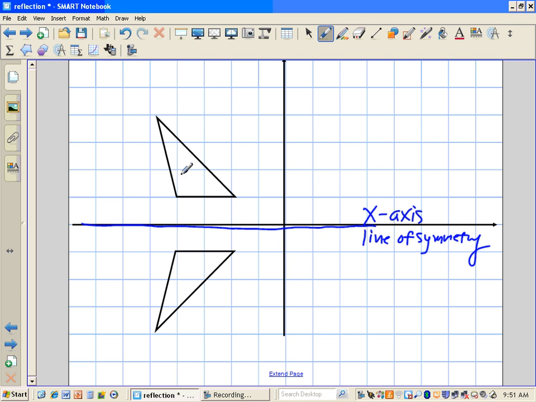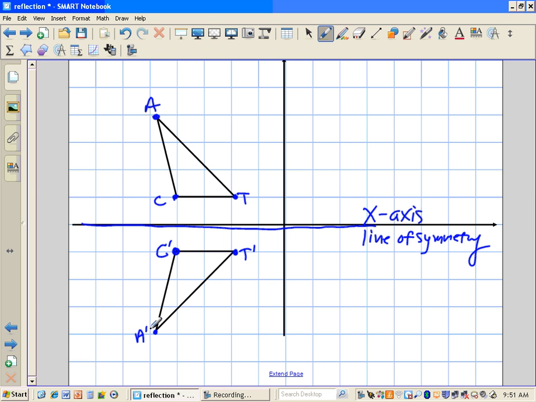And I think we'll do the same thing. This was C, A, T, and so this is C prime, T prime, A prime, okay?